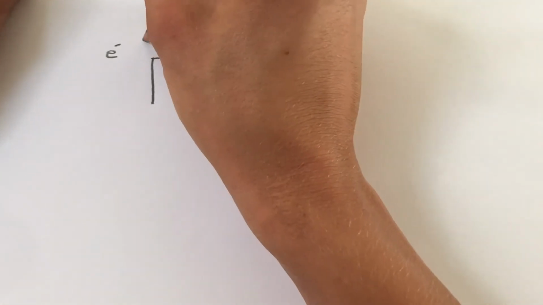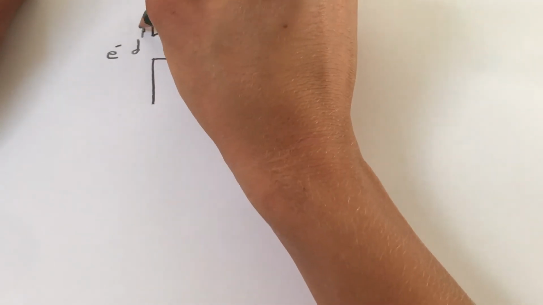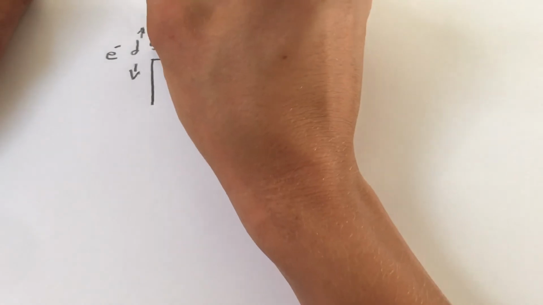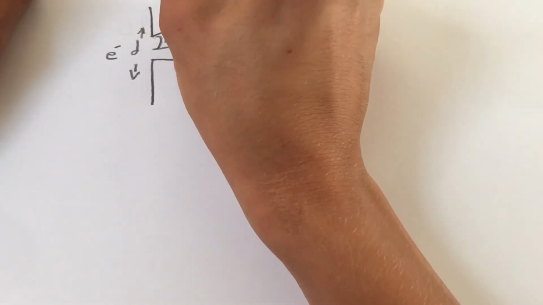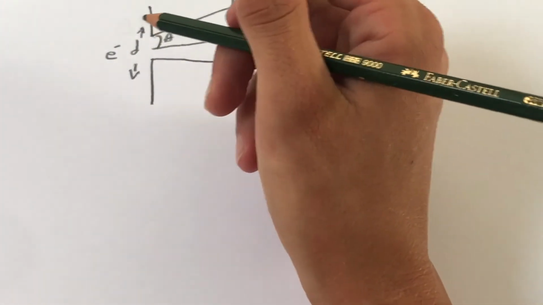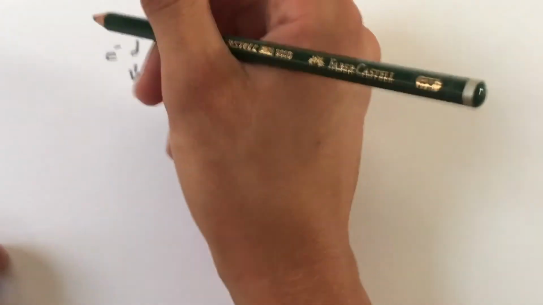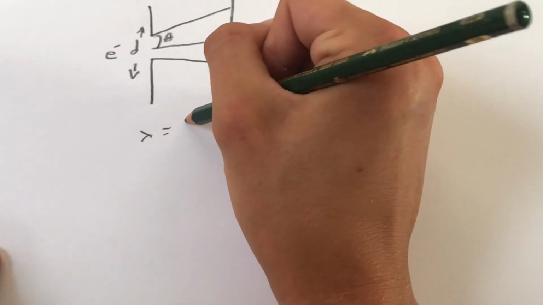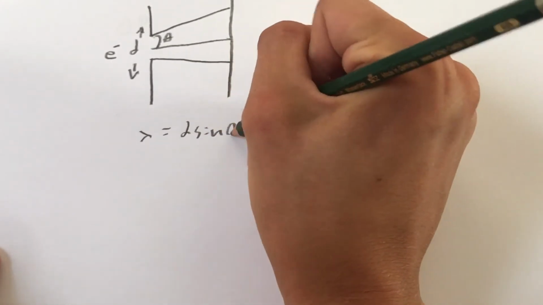So we know that the distance here is still d, and the angle of scattering is still theta. So we know that lambda equals d sine theta.